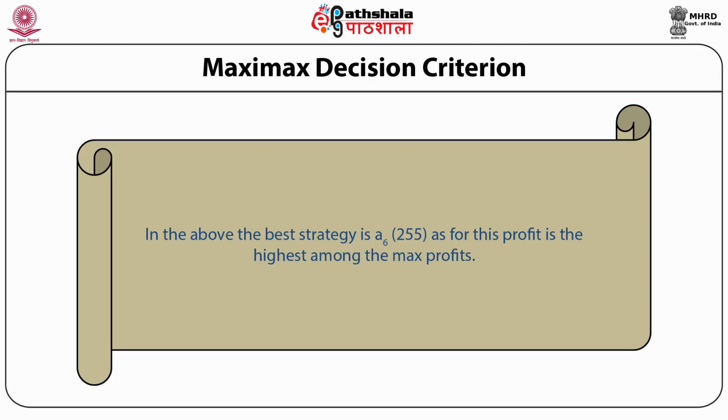So we will obviously go with the strategy A6, that is equivalent to placing an order for 85 packets of the bread so that we can maximize our profits. So again, it is an optimist criterion and it can be used suitably in our decision making if we are willing to maximize our payoffs.